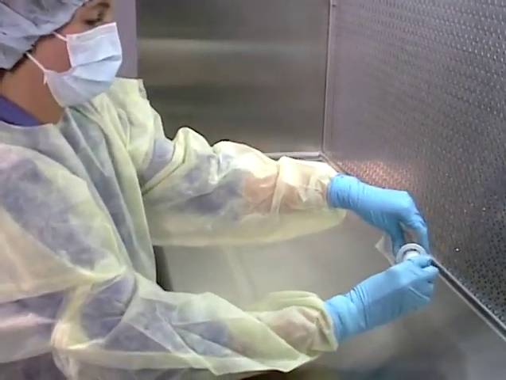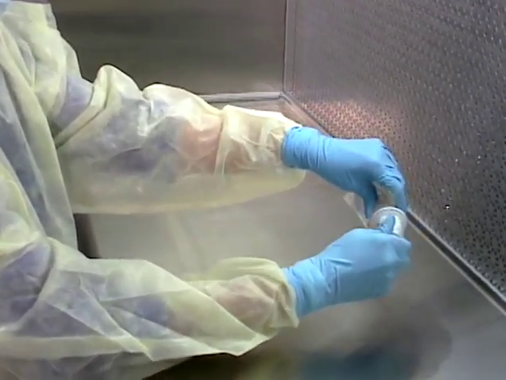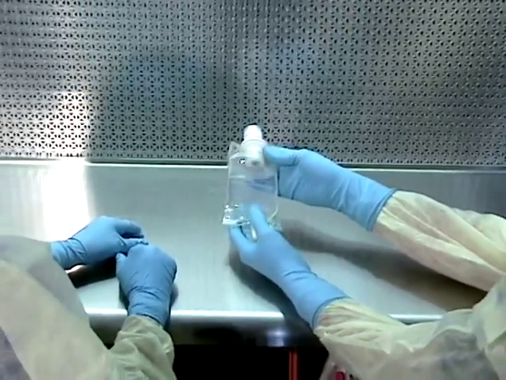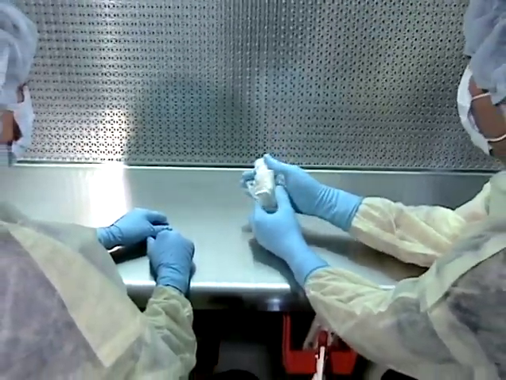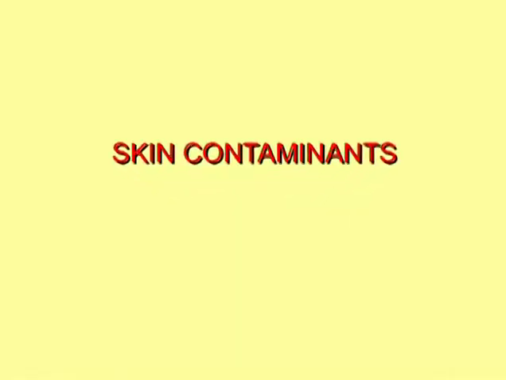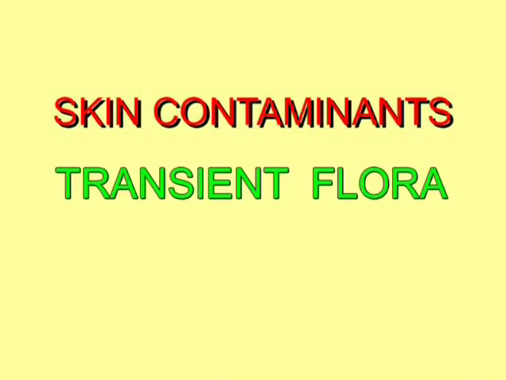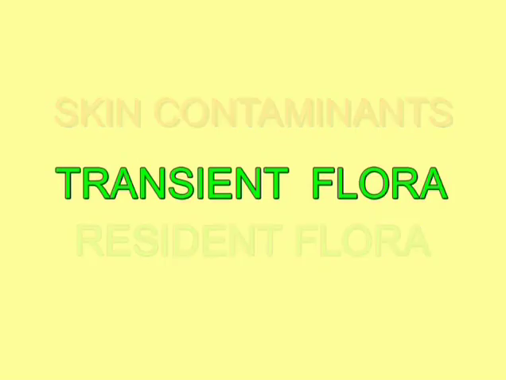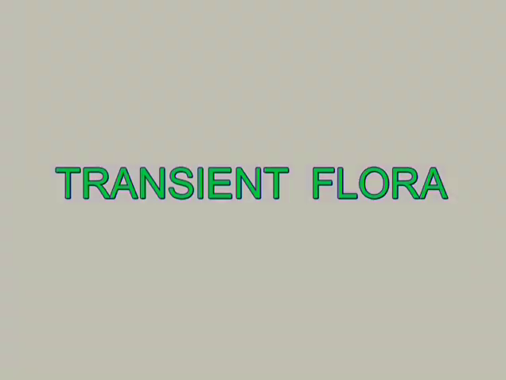Because the most common source of IV admixtures contamination is touch, gloves are an essential barrier control. As with all skin, the bare hands contain two types of microbial contamination: transient flora and resident flora. Transient flora, the microorganisms which are eradicated with hand washing, represent only 15% of the total contamination burden on the skin.